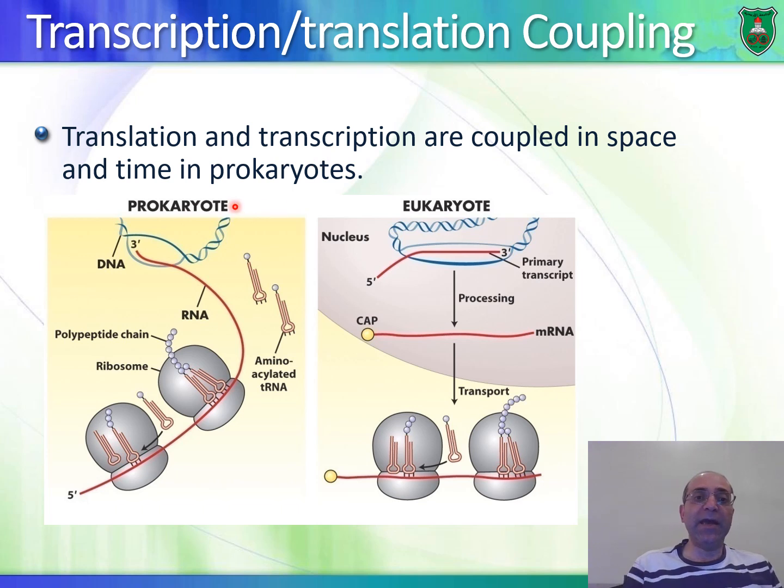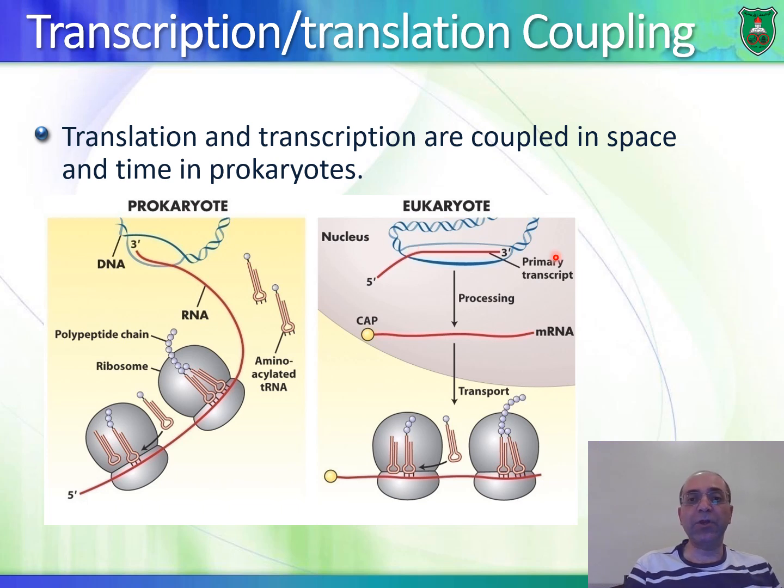In other words, at the same time that you're having synthesis of messenger RNA from DNA, you have ribosomes sitting on the messenger RNA and synthesizing proteins or polypeptides. So transcription and translation are coupled in space and time because they happen at the same place at the same time. On the other hand, in eukaryotic cells, they are not.